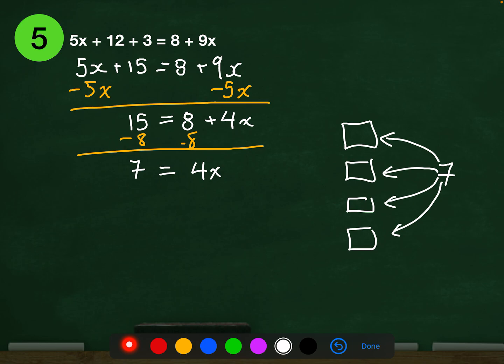So if I'm going to break up a 7 to put it in 4 boxes, what I'm actually doing is splitting it up into 4 groups. When I split it up into 4 groups, that's going to tell me how much of this went into this one box. Okay, decimal-wise, 7 divided into 4 would get me 1.75.